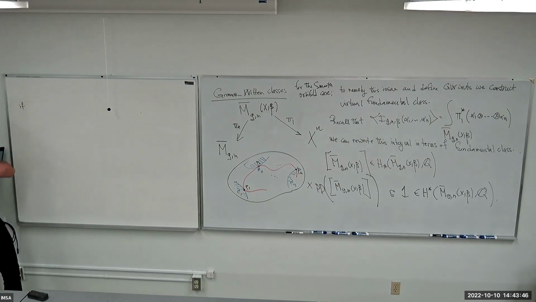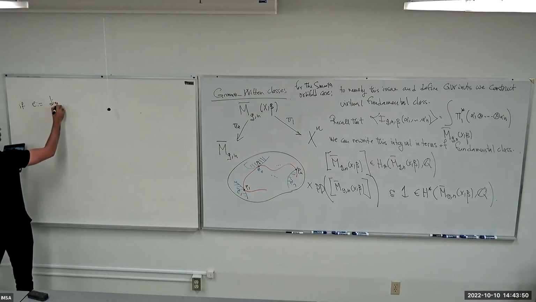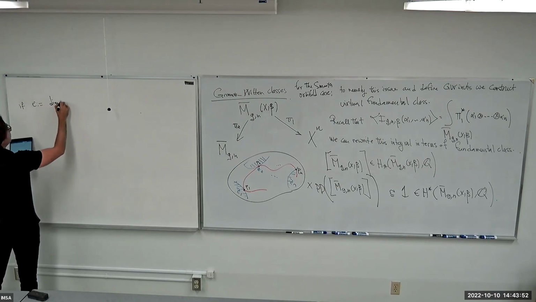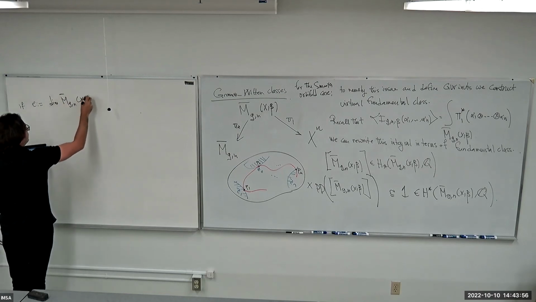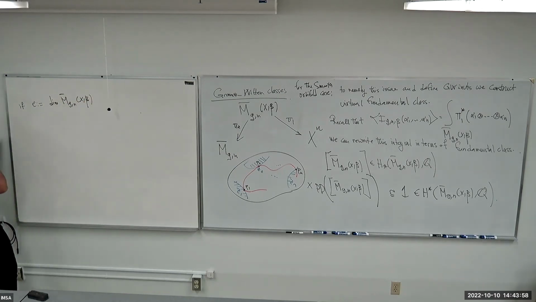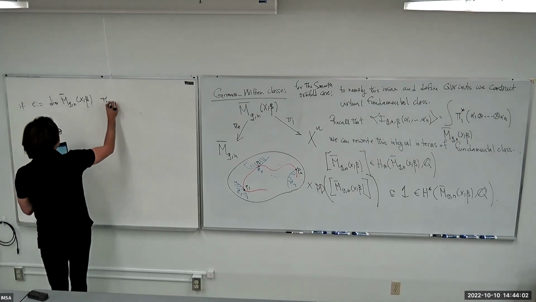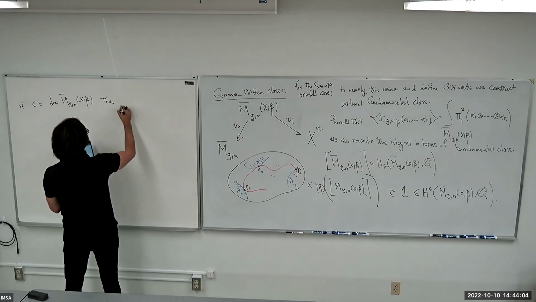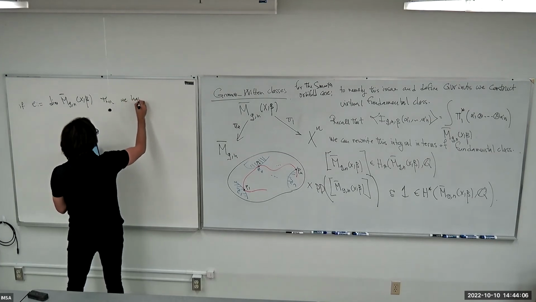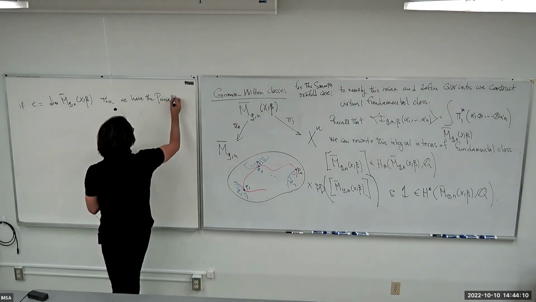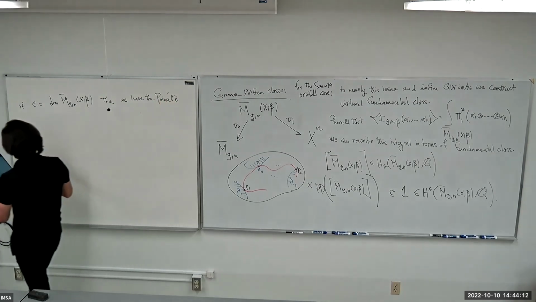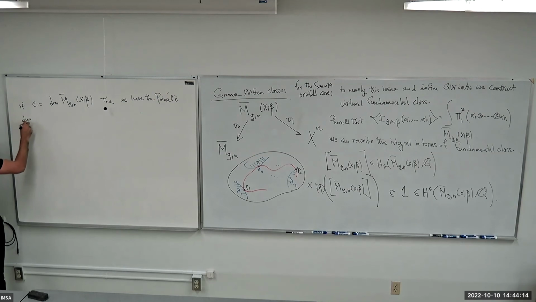Okay, so if E is the dimension of this smooth space, then we have the Poincare duality map.